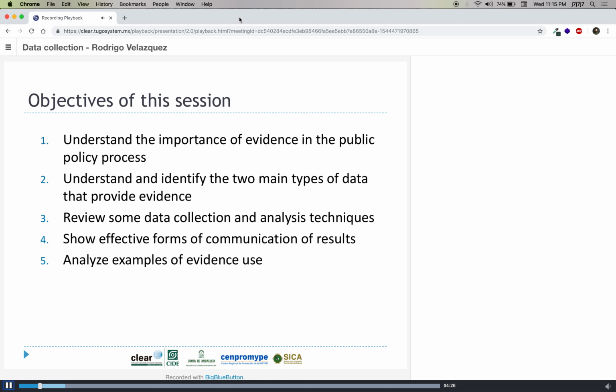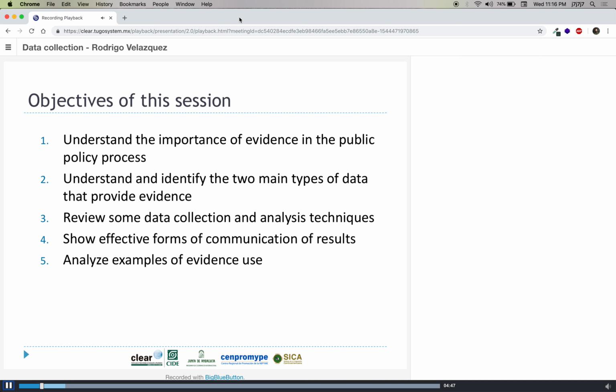A fourth point in this session, and also in the next one, has to do with the effective forms of communication of results. So let's say that with this, we are going to have a better understanding, or this is another step for this session. First, we're going to understand what evidence is.